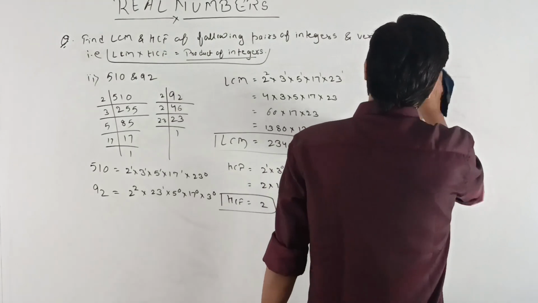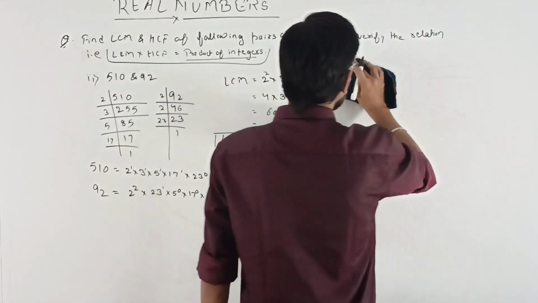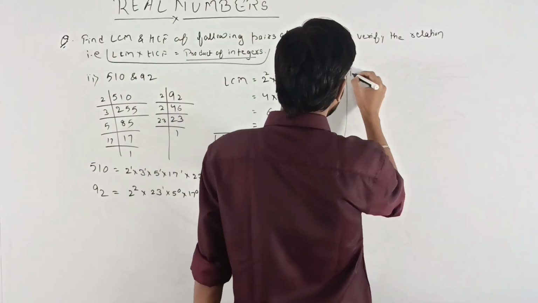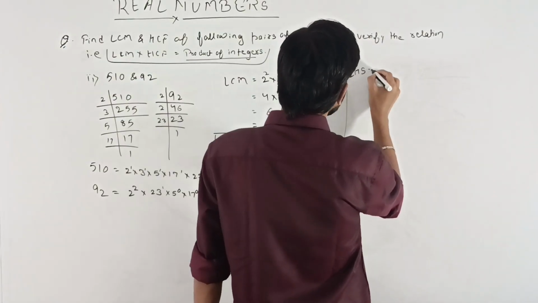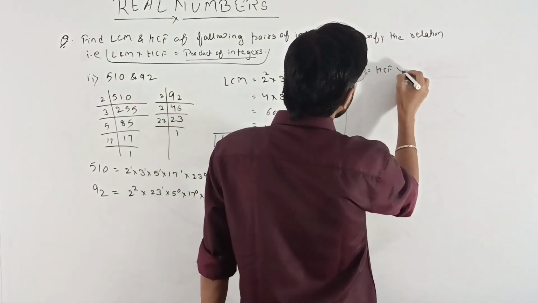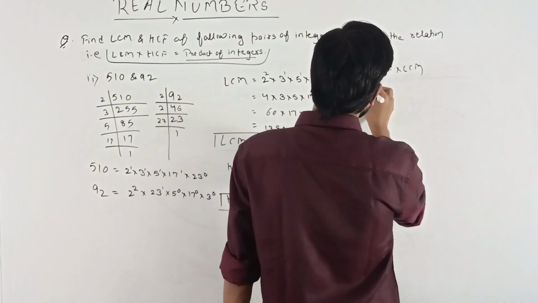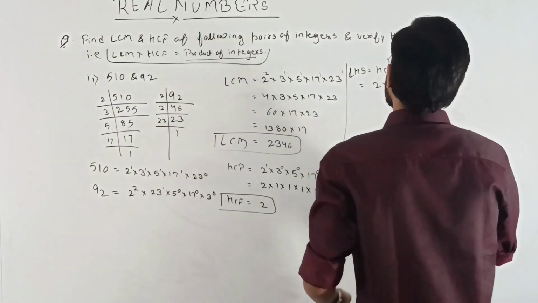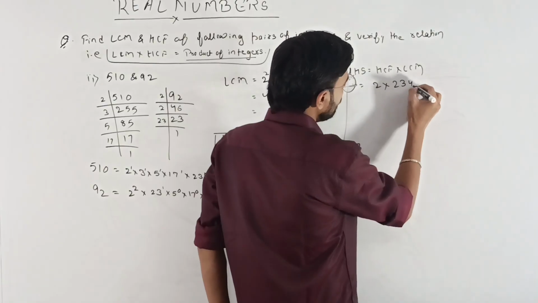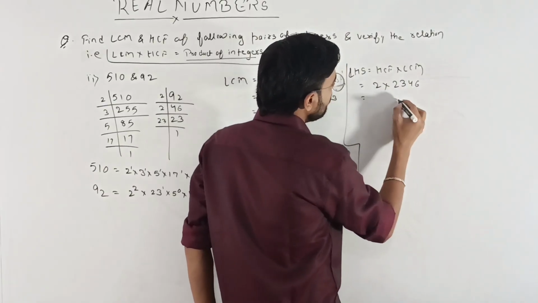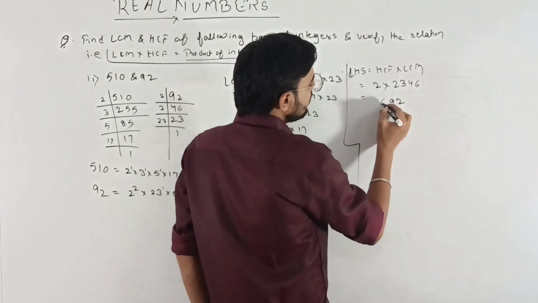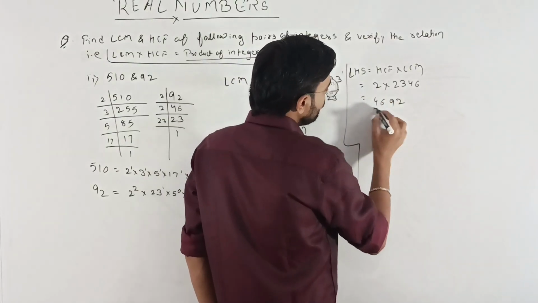So again, first we consider the LHS. Our LHS is HCF into LCM. HCF is 2, LCM is 23460. Now multiply this. 6 times 2 is 12, 4 times 2 is 8, and so on. LHS is 46920.